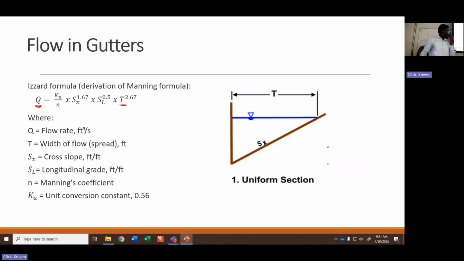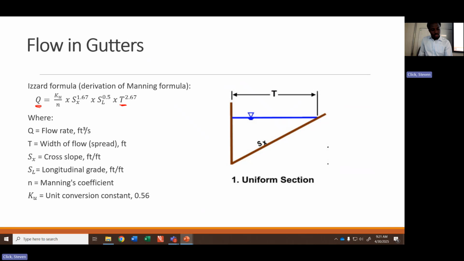And the allowable spread is determined by the various state agencies, and it's also determined by the functional classification of the road. So arterials and collectors have different allowable spreads, and so do local roads.